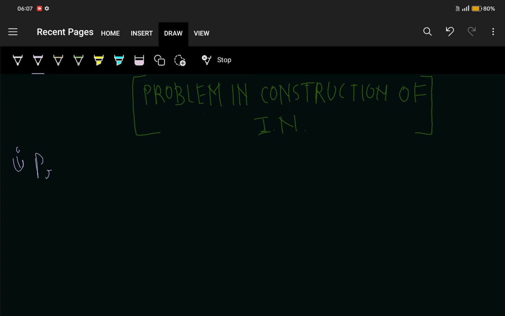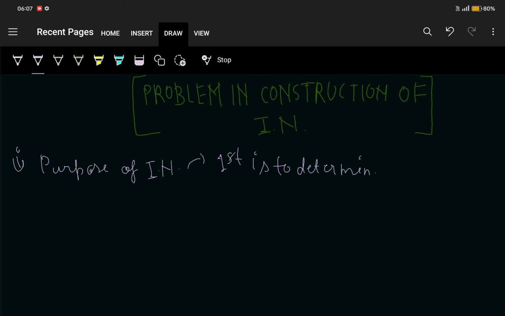So the first step is to determine the purpose.